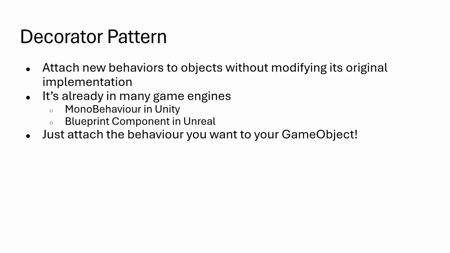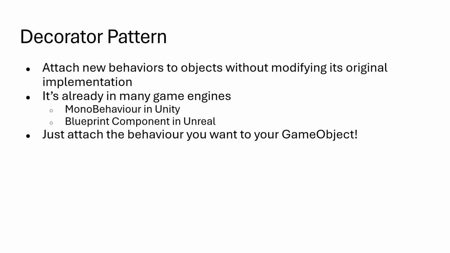What happens when you write a new script and attach it to a game object? Are you adding a new behavior to the object? Have you modified the original code of the object? That's exactly what the decorator pattern is about.